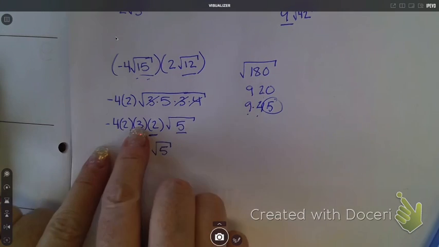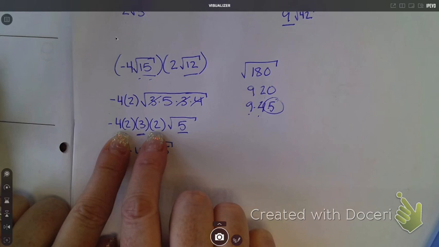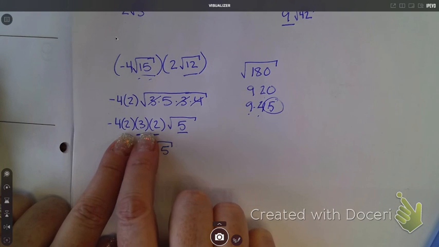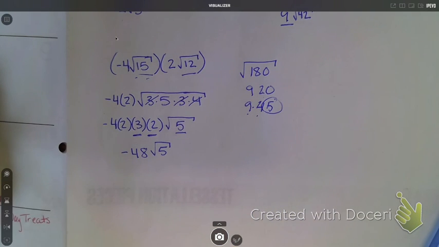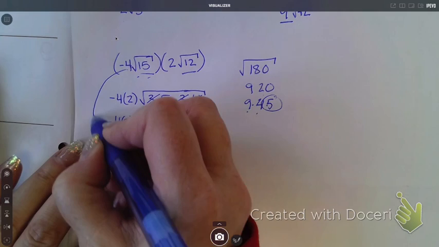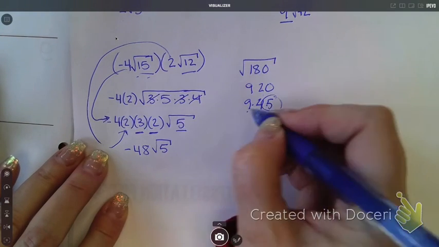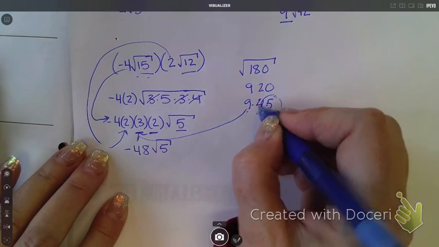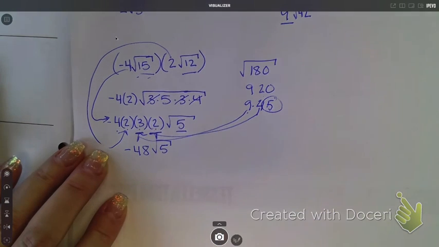But you should have taken negative 8 times 6. Why 6? Because 2 times 3 is 6. You have 4 times 2 times 3 times 2. No, but I got the 3 from the 9. I understand that. Watch. This 4 is right here, this 2 is right there, so you have to take 4 times 2 times 3 times 2.